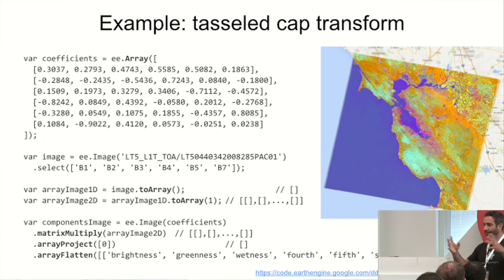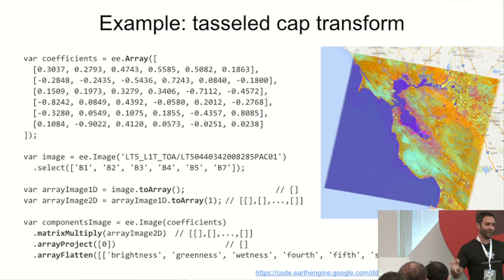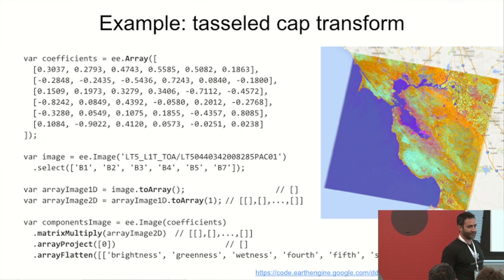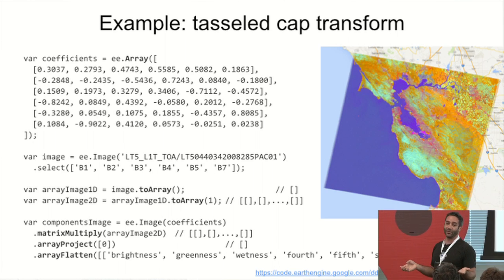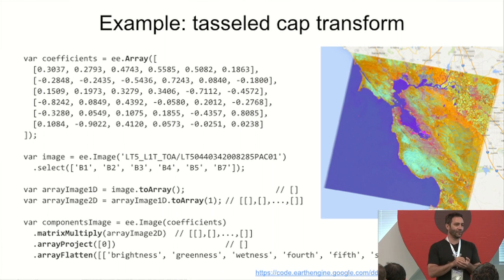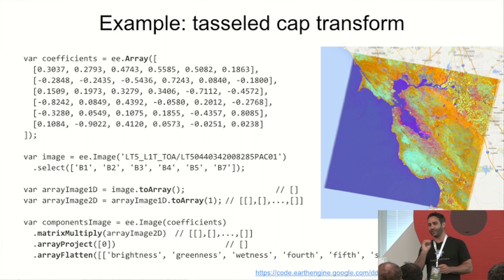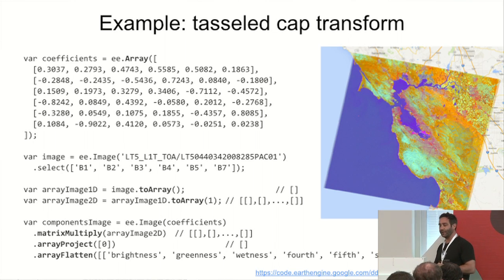You get this image that exists everywhere. Each pixel stores the number that you tell it to store, and that is what we call a constant image. So this is like a constant array image. You're saying each pixel stores a 6 by 6 matrix, and it's this matrix that we defined up here.